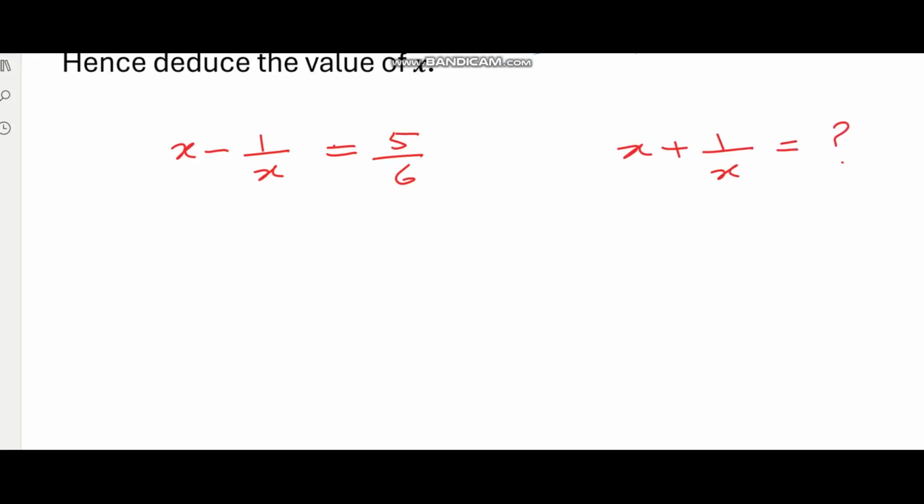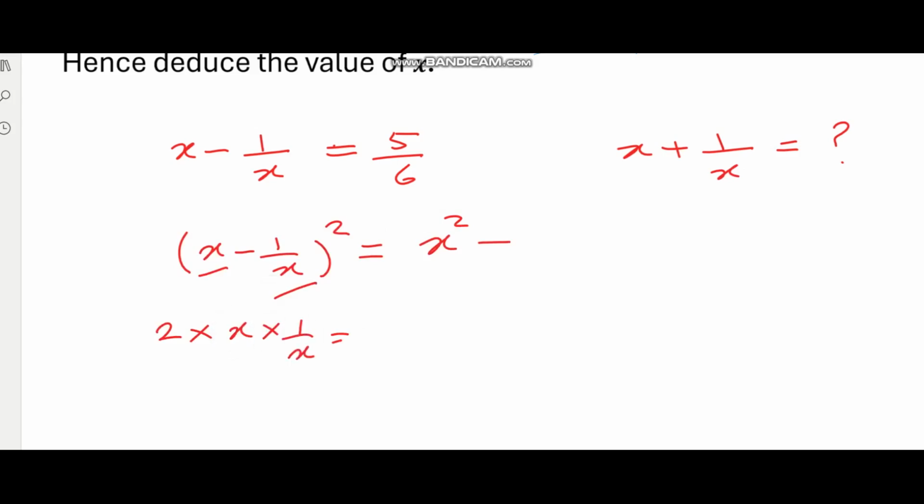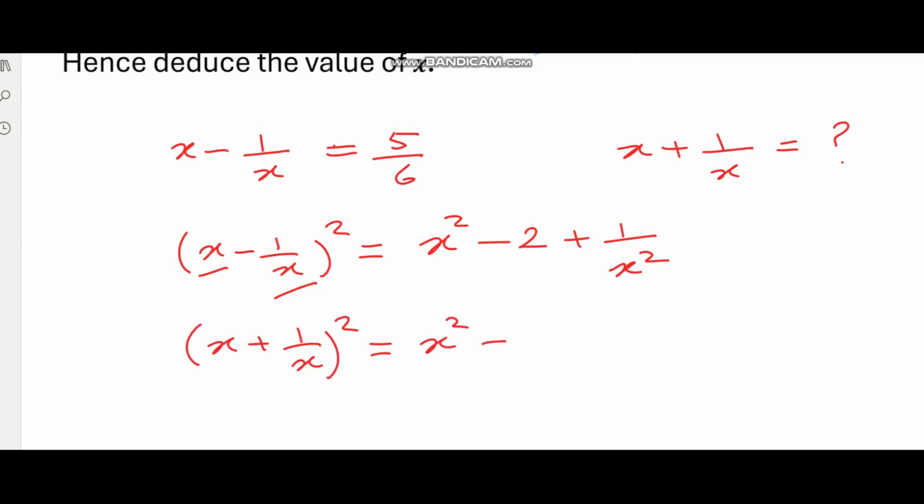So I'm going to square x minus 1 over x. You will get x squared minus 2 times this term times this term, x times 1 over x, that is 2. So x squared minus 2 plus 1 over x squared. Similarly, x plus 1 over x whole thing squared is x squared plus 2 plus 1 over x squared.